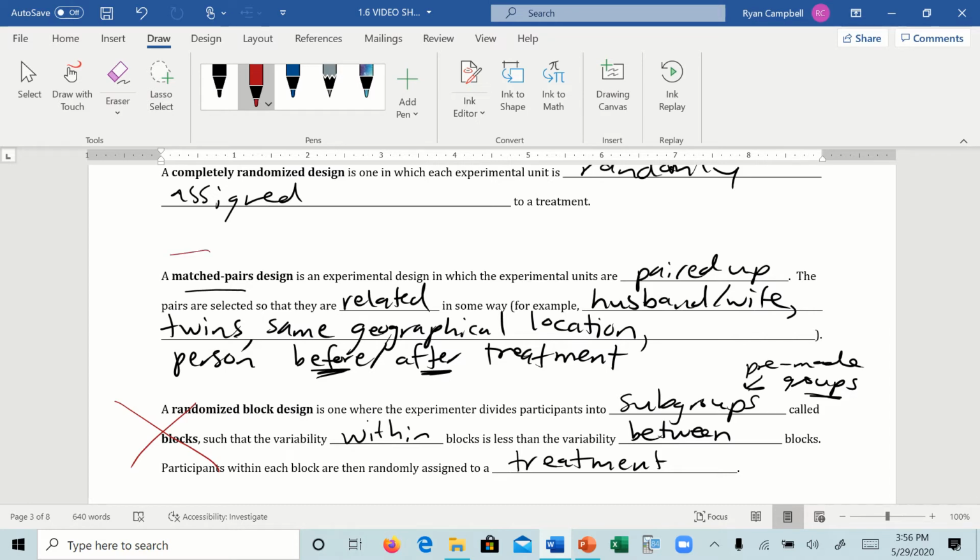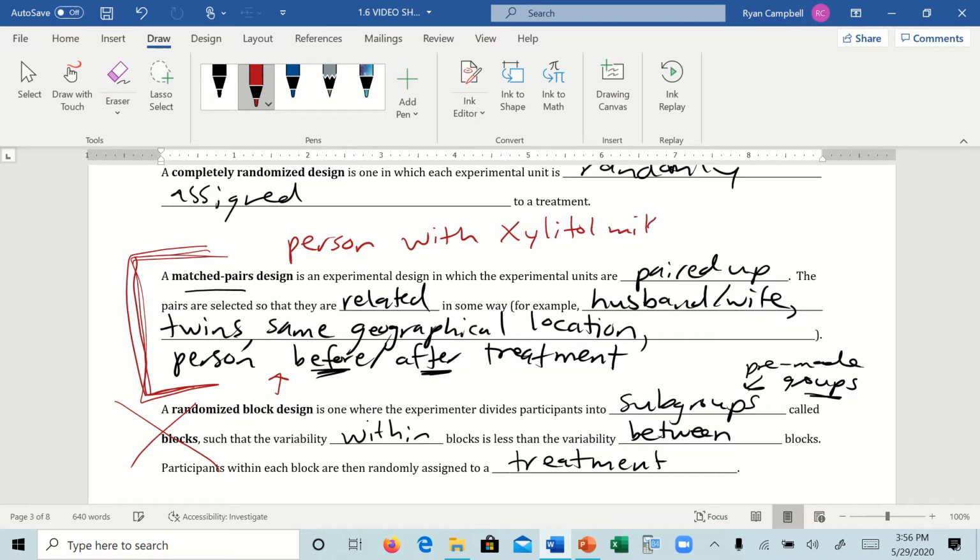So can you see that in this case, it's actually a matched pairs design, right? So the question would be, what are the pairs? So it's going to be closer to this, right? So it's the same person with the xylitol milk, and without the xylitol milk.